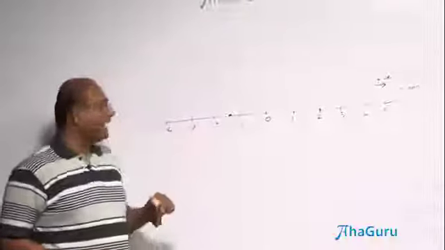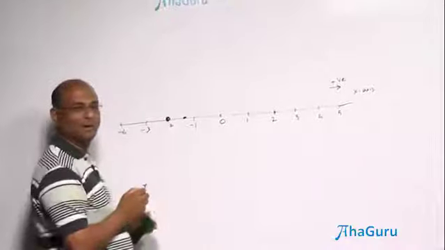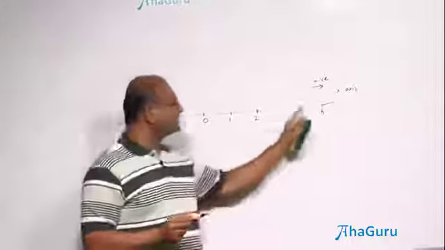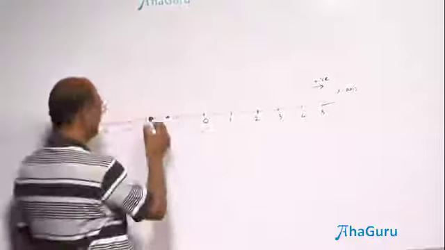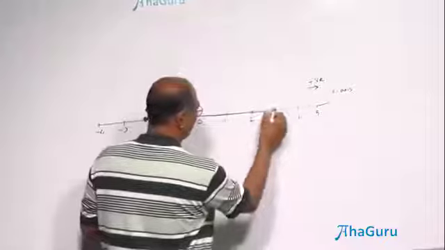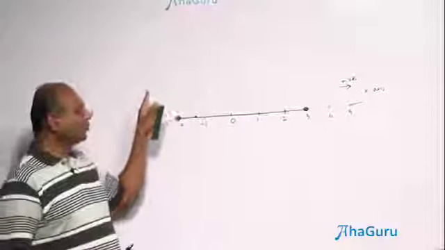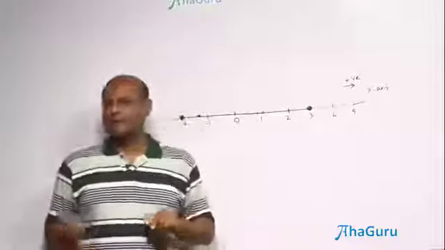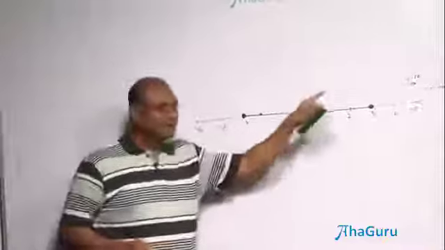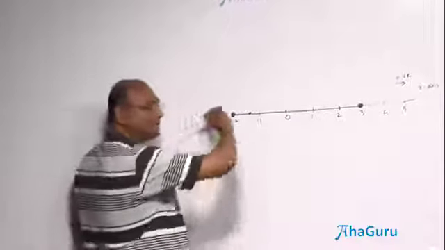If I say I am starting here and I walk like this to this place. I started at minus 2 and I went to 3. Okay. Now how do I know I started at minus 2 and went to 3? I just told you. How do I represent this motion?